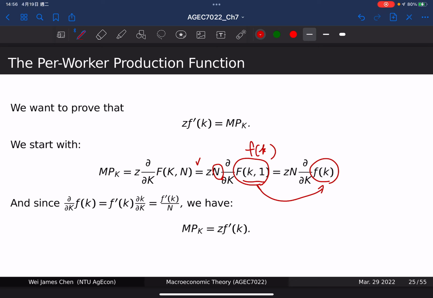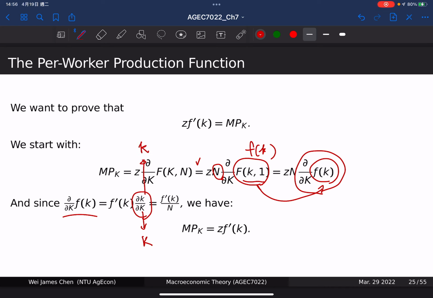And this is the chain rule. So the partial derivative with respect to K of f(k) equals f prime of k, times the partial derivative of lowercase k with respect to capital K. This is uppercase K. This is lowercase k.